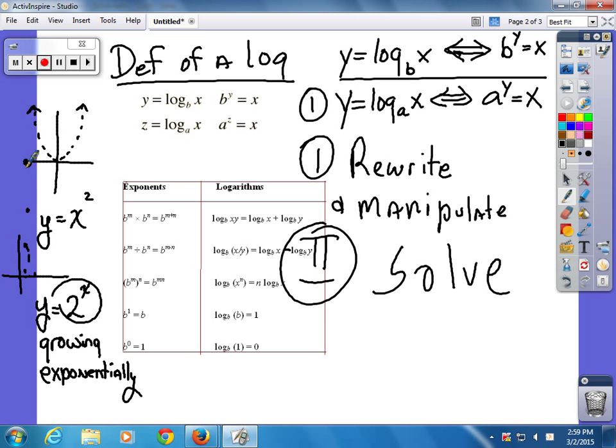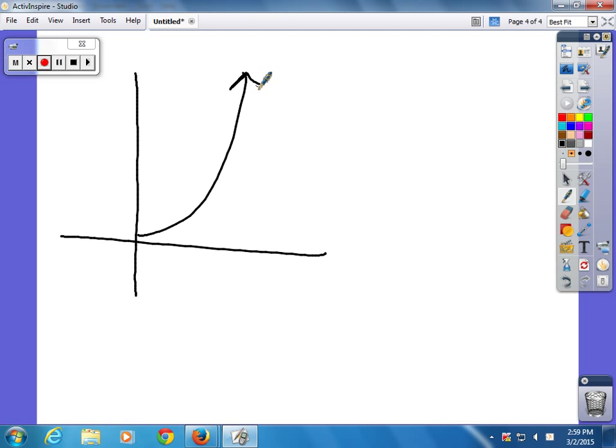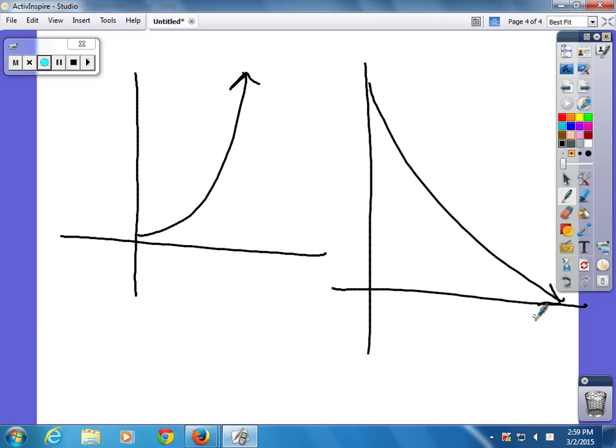It's taking off. Alright? So you're talking about an exponential that is either growing really fast or it's dying really fast. It's either growing really fast or it's what? Dying really fast.